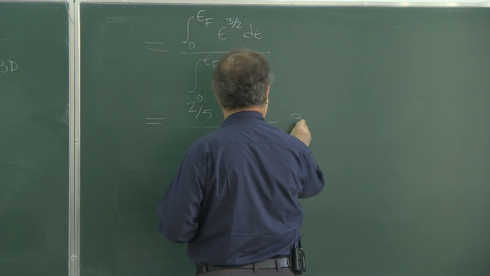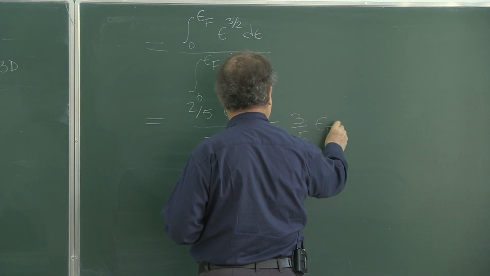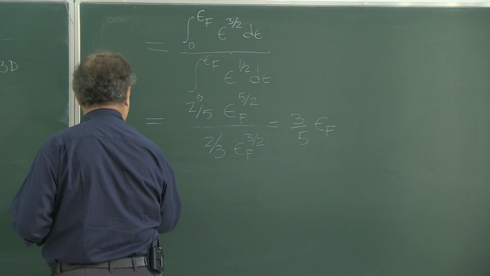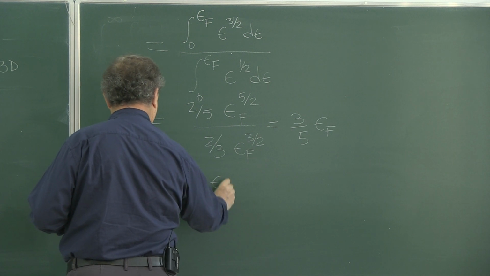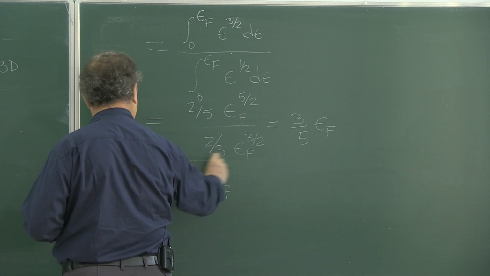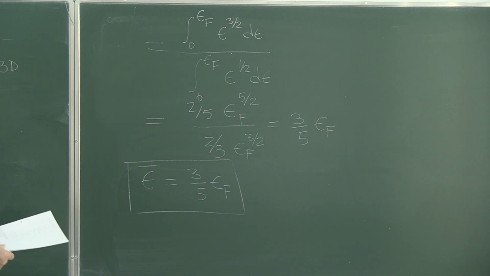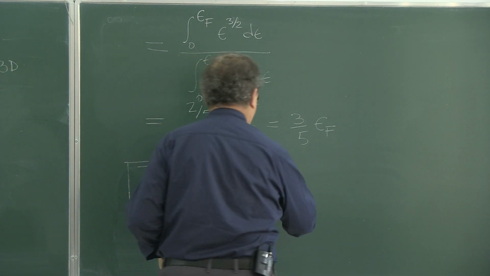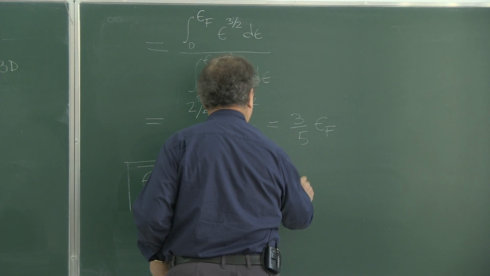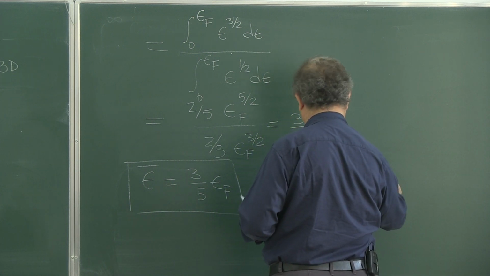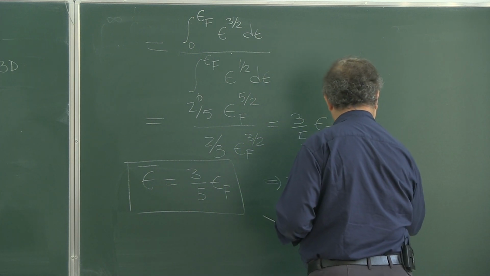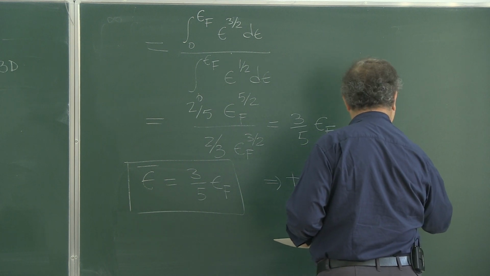That is 3/5 E_F. So the average energy per particle is 3/5 E_F. If you have N fermions in your system, this gives you a total energy E equals 3/5 N E_F, isn't it?